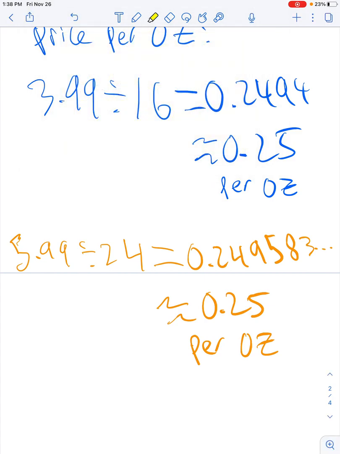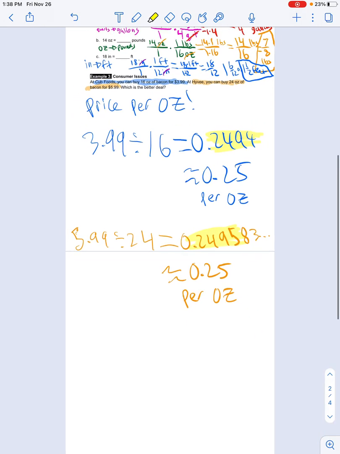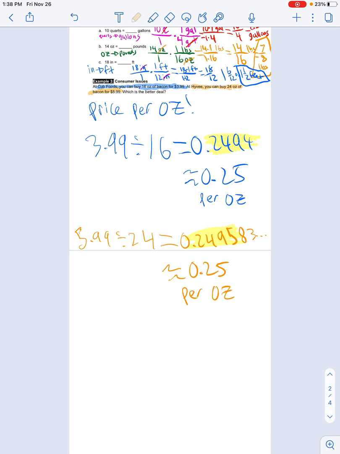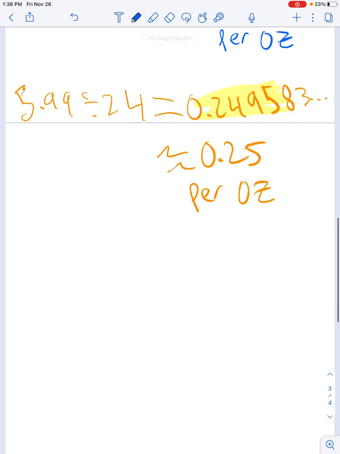However, when I look at it and dig into it, I see that this is 0.2494 and this is 0.2495. So what's cheaper is actually the Cub Foods brand for the $3.99 16 ounces.